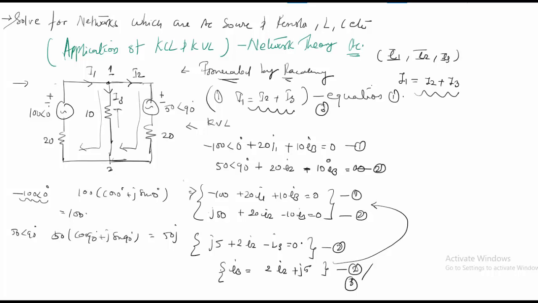So the first equation can be, again, the 10 can be removed as common, and you will get minus 10 plus 2I1 plus I3 is equal to 0. So if you are substituting the I3, it will be 2I2 plus j5 is equal to 0.